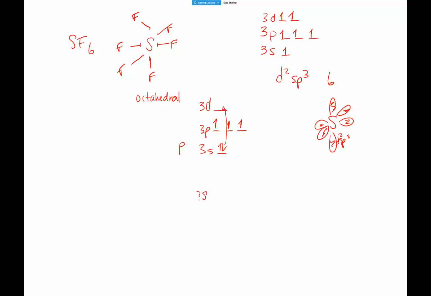So the best you can do for phosphorus is a dsp3. There's no d2sp3 because it doesn't have that extra electron like sulfur. Those are the 2 big ones that we use in expanded octets.